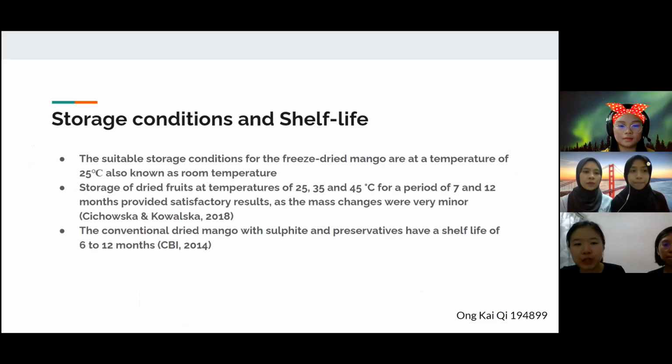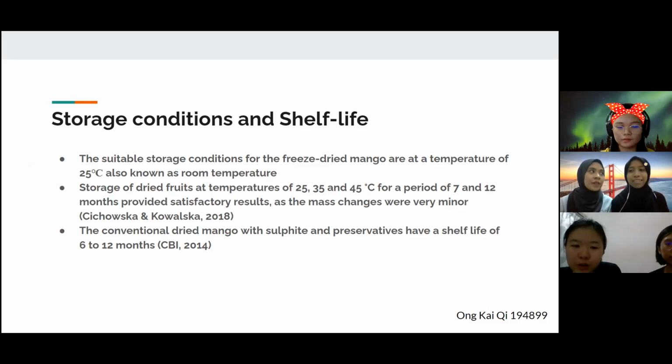For the storage condition and shelf life of our product, the suitable storage condition for the freeze-dried mango is a temperature of 25 degrees Celsius, also known as room temperature. Journals have proven that storage of dried fruits at temperatures of 25, 35, and 45 degrees for periods of 7 and 12 months can provide satisfactory results, as the mass changes were very minor.